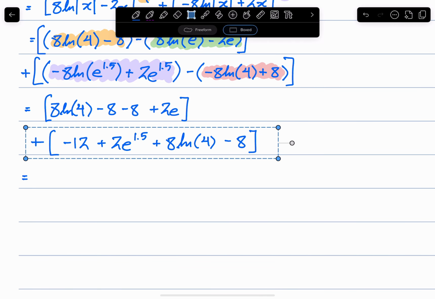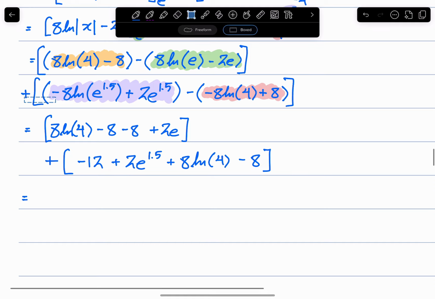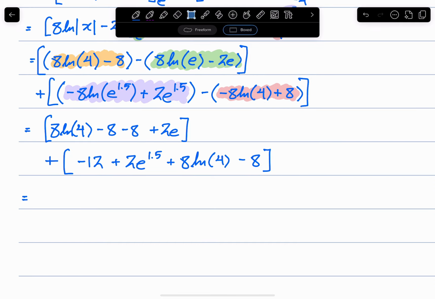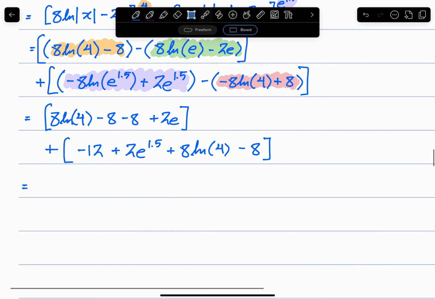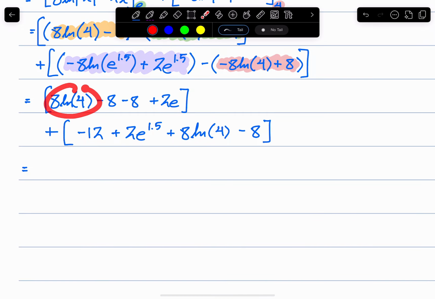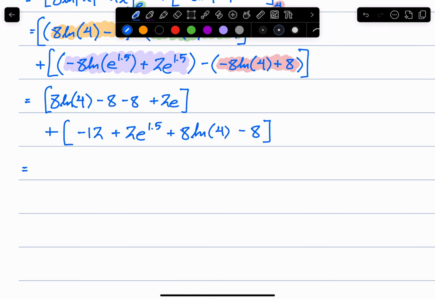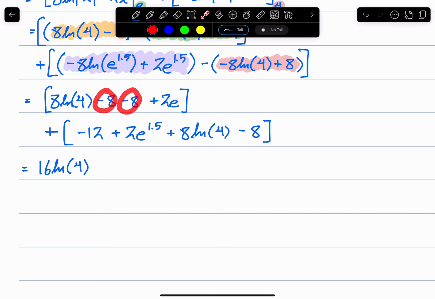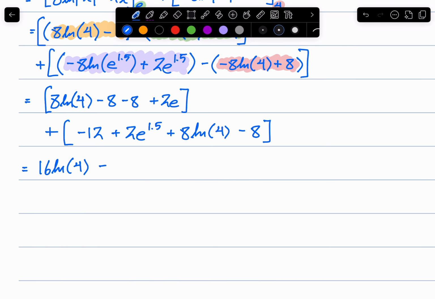Let's stagger this so you can see. And now let's simplify even further. 8 ln 4 plus 8 ln 4 becomes 16 ln 4. Minus 8 plus minus 8, that's 3 lots of minus 8, so it becomes negative 24.